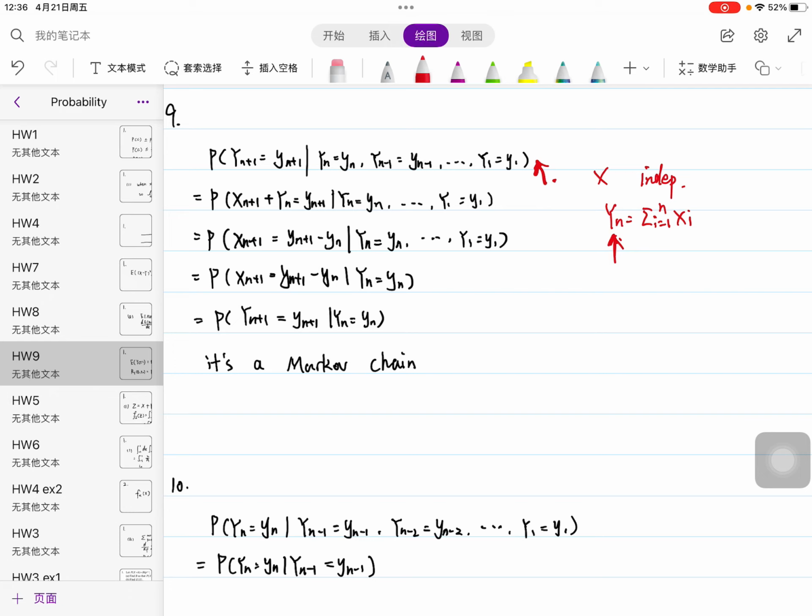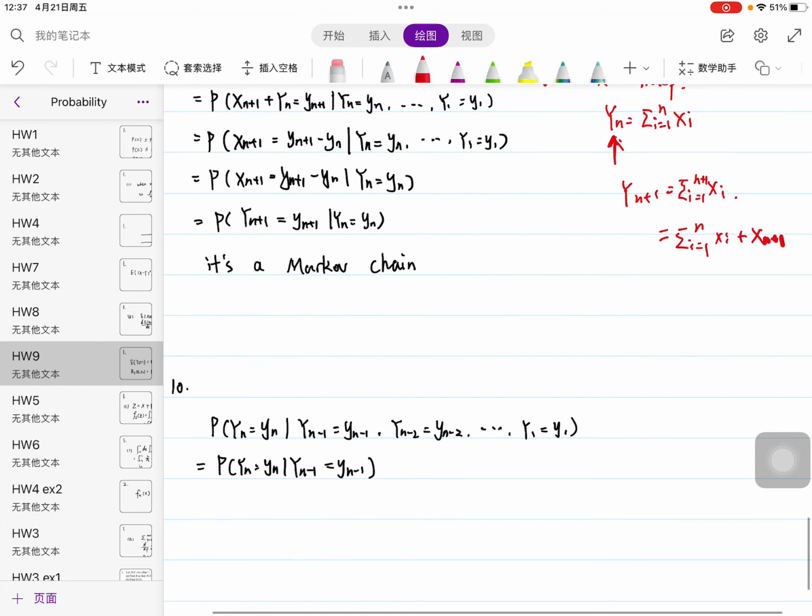Y n plus 1 is equal to the summation of Xi from 1 to n plus 1, and so it equals the summation of Xi from 1 to n plus Xn plus 1, right?